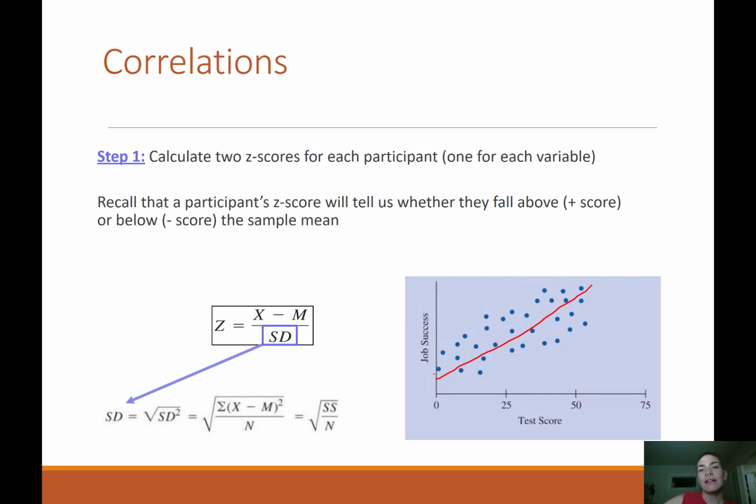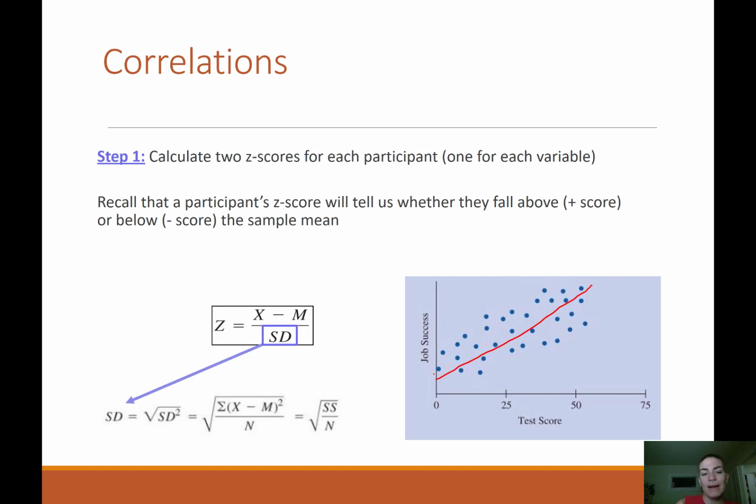So someone who has a z-score of positive 2 has a score that's exactly 2 standard deviations above average. Someone with a z-score of negative 1.5 has a score that is 1.5 standard deviations below average. So recall that from the z-score unit.